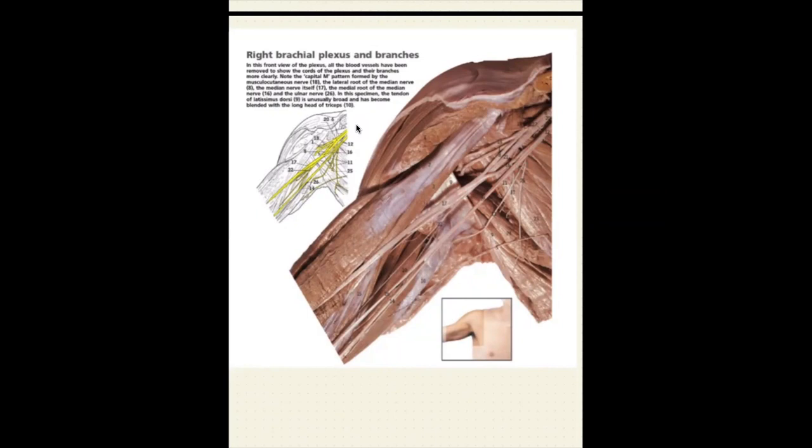Could you tell me about the ulnar paradox? If there is an injury near the elbow, there will be less clawing of the hand compared to when the injury is near the wrist. That is the ulnar paradox.